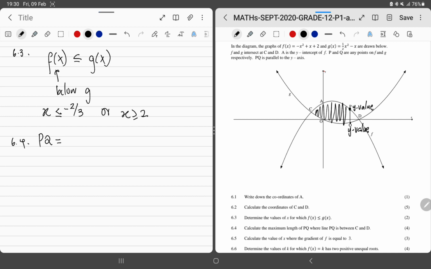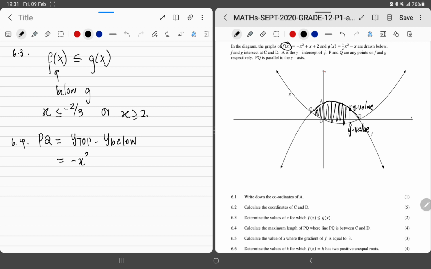So the y value there, because we can see that P lies anywhere on f. So this is going to be y top minus y below. The graph that is on top is f(x).